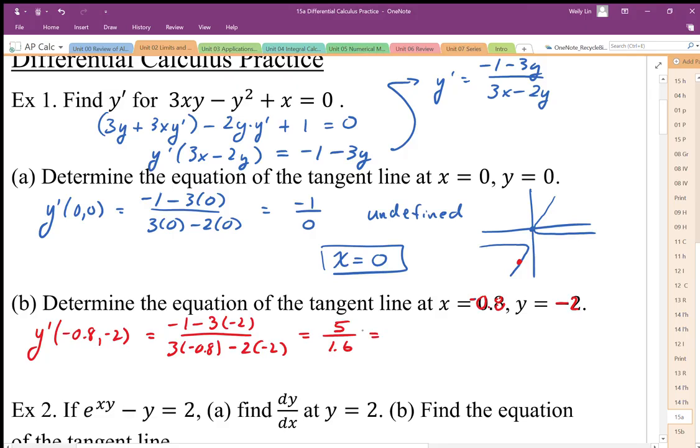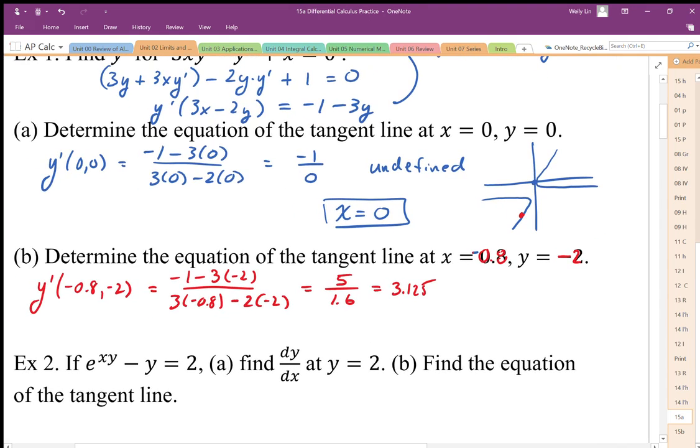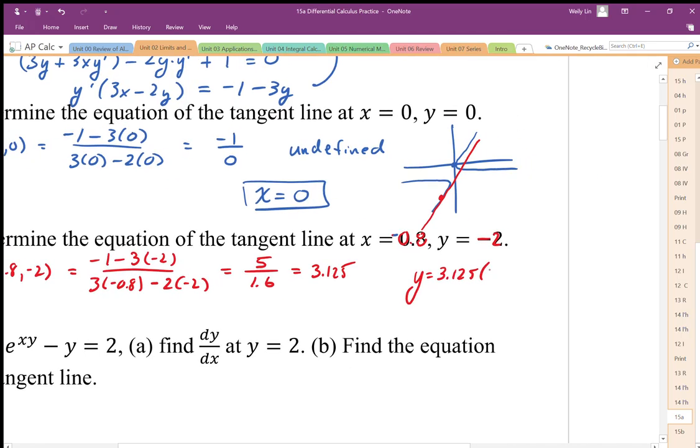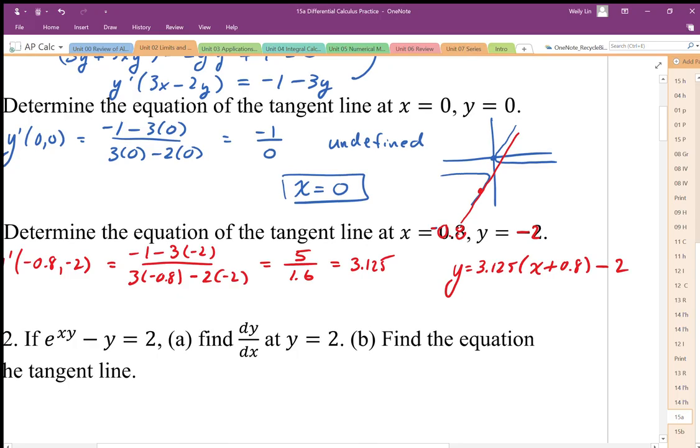And if we divide those two numbers, it looks like the slope is going to be 3.125. Okay, so the equation of the tangent line, this tangent line here, will have a slope of 3.125. And the coordinate is going to be x plus 0.8, so negative 0.8, and y minus negative 2. So there's the equation of the red tangent line here.